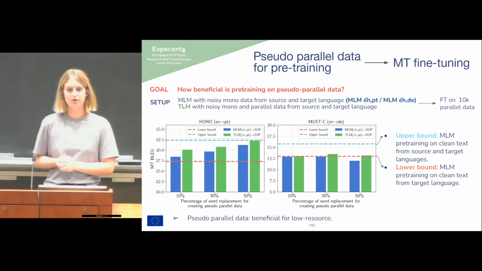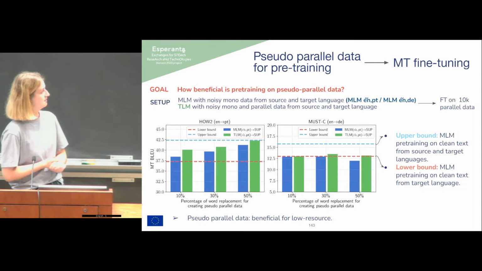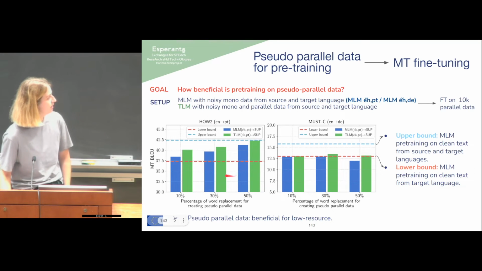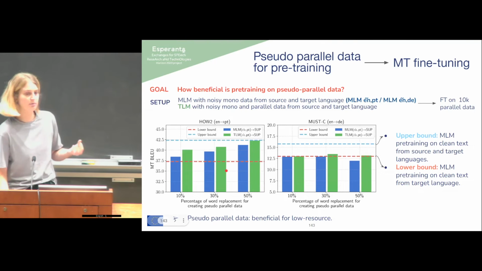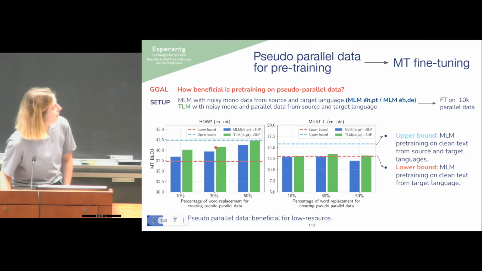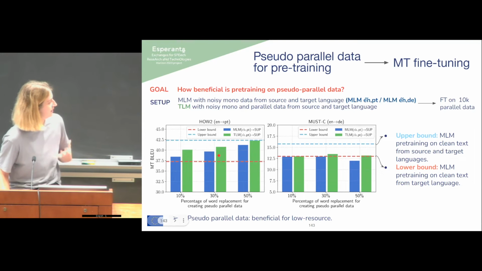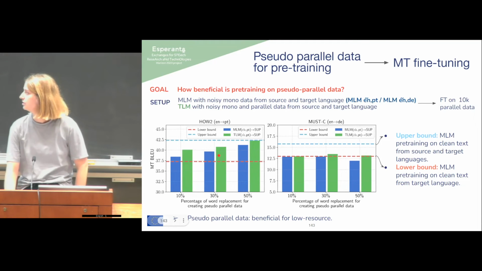And we fine-tune on only 10,000 sentences. And as you can see on the graph, you have two lines. The first line is the lower bound. We pre-train a masked language model on clean text from the target language. And the upper bound is a pre-trained masked language model on clean text from source and target language.